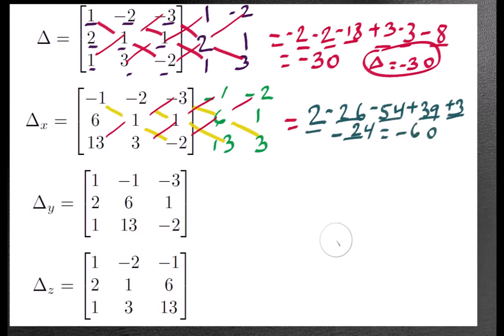So we get delta x is equal to minus 60. So x is equal to minus 60 over minus 30. That makes it 2.